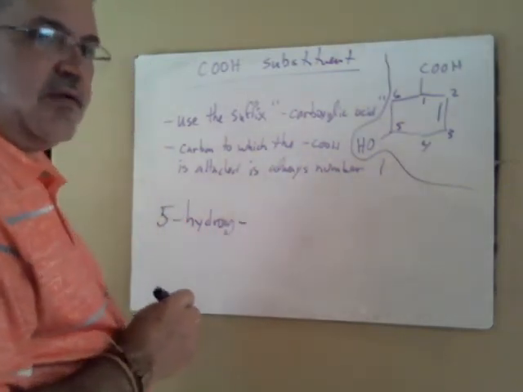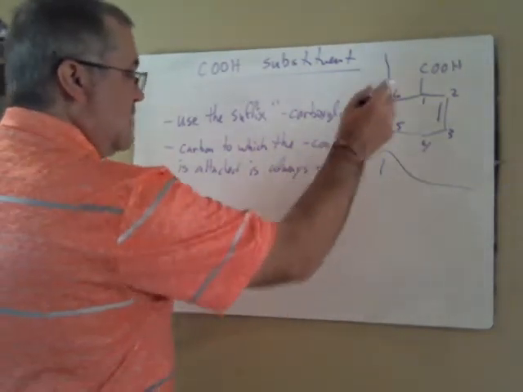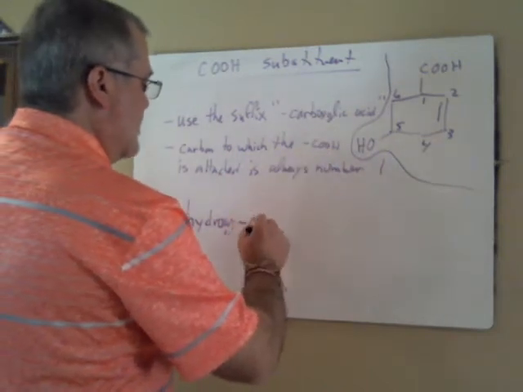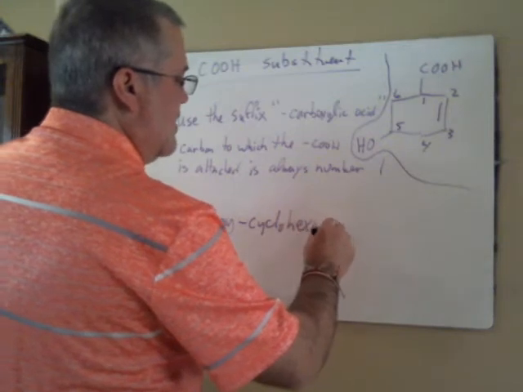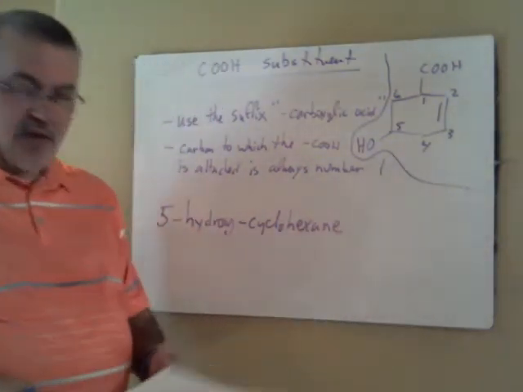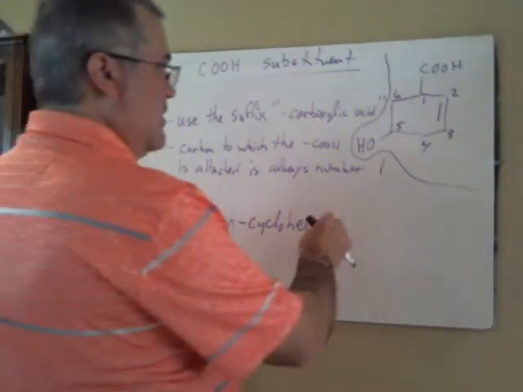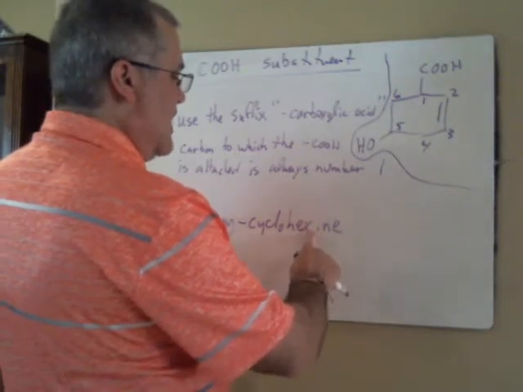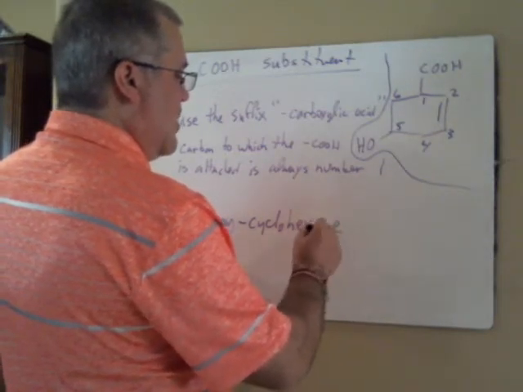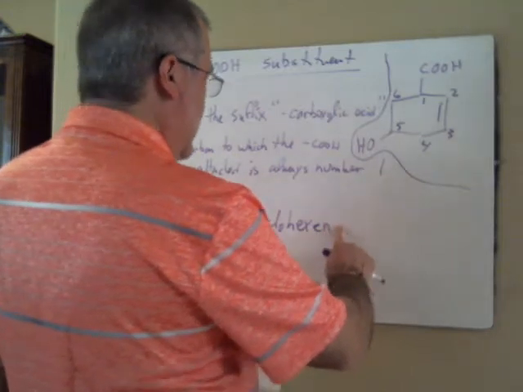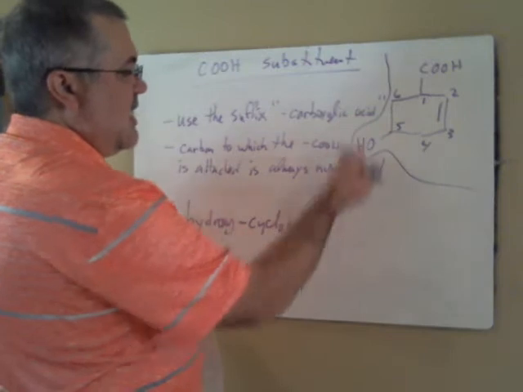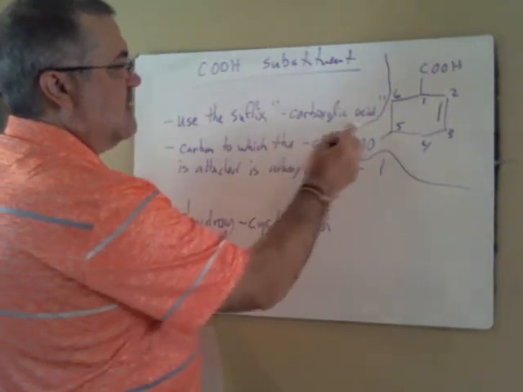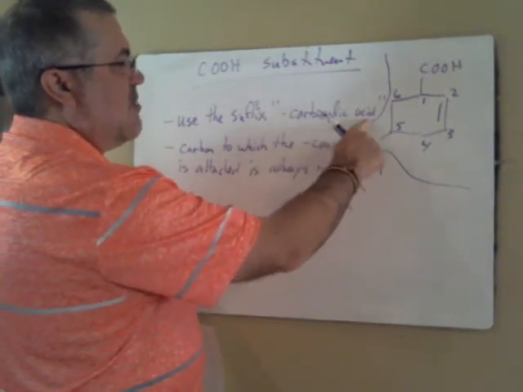And then what else? It's going to be a 6-membered ring, so cyclohexane would be what it was if it were a cycloalkane, but it's an ene, right? Because it has a double bond, so cyclohexene. Okay. And then normally you drop the E, but I'm going to add this suffix carboxylic acid.